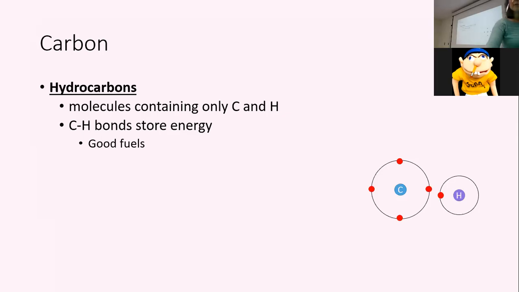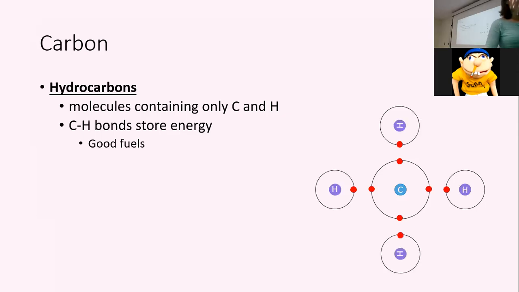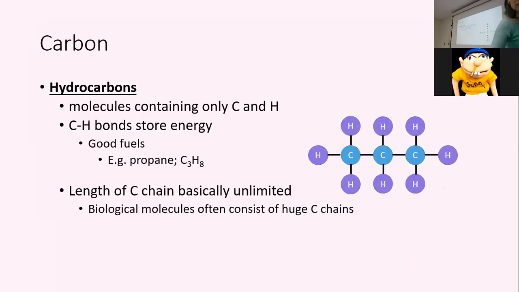All right, hydrocarbons. So you've got this carbon, and this is where carbon is super handy. Since it has 4 valence electrons, we can stick 4 hydrogens on there. We can hold 4 bonds in this one molecule. Now we can keep doing this. We can chain a bunch of these together. You ever play with Tinker Toys? You can just keep sticking these together. They make good fuels. This is propane, C3H8.